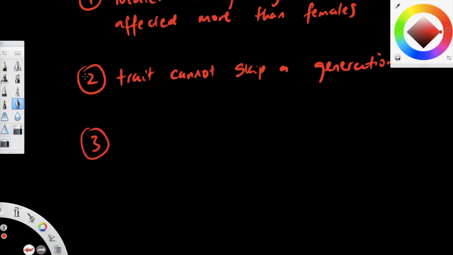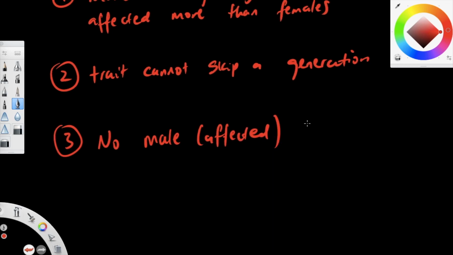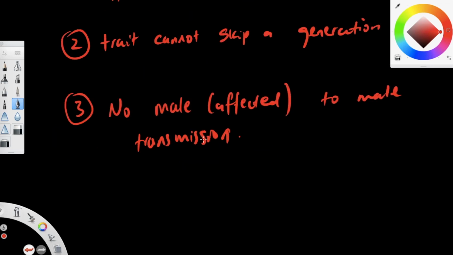So number 3, what is number 3? It is that the affected father will pass the allele to his daughter and not the son. Therefore, there is no male-to-male transmission, right? No affected male to affected male, since it's a trait of concern. And we explore why this was the case because the son will get the Y chromosome from his father, and the trait of concern here is X-linked recessive.